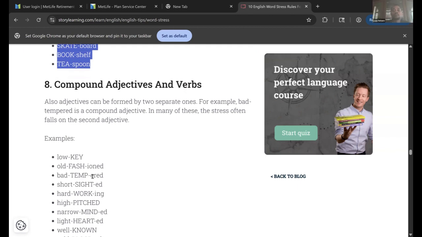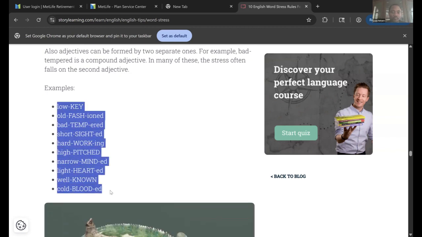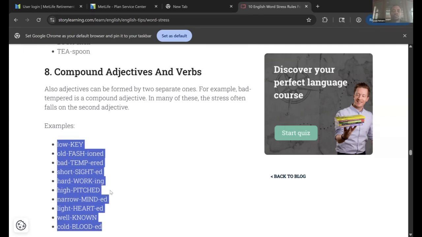Okay. Now, what about compound adjectives and verbs? Okay, let's try that. Let me just give you the rules. Adjectives can also be formed by two separate words. For example, bad-tempered is a compound adjective. In many of these, the stress often falls on the second adjective.